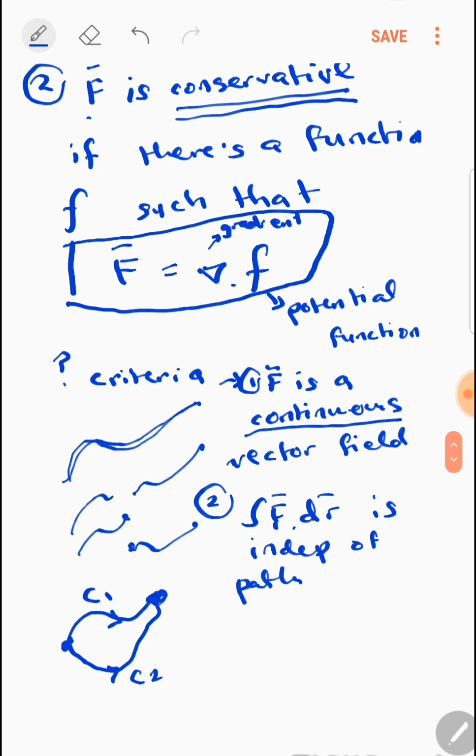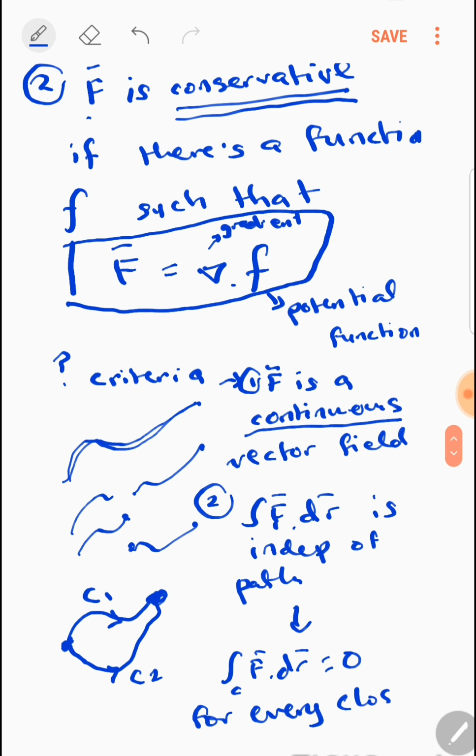And if my f dot dr is independent of path, then it also means that the line integral of f dot dr will be equal to 0 for every closed path C. These are just some terms for you to know, probably will help you later. So be familiar with all these terms here.